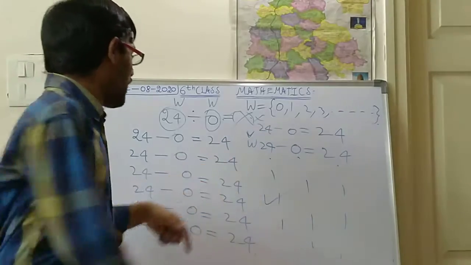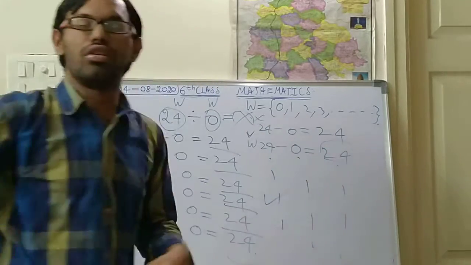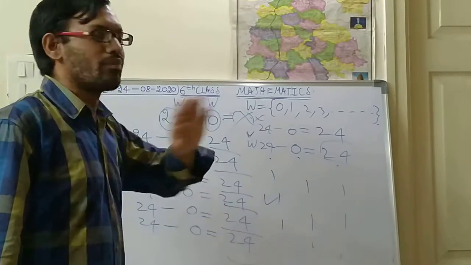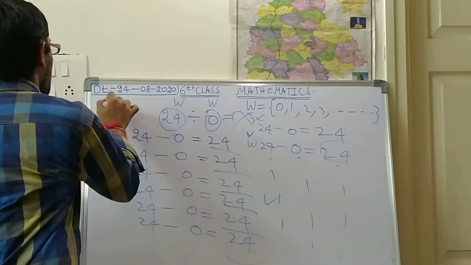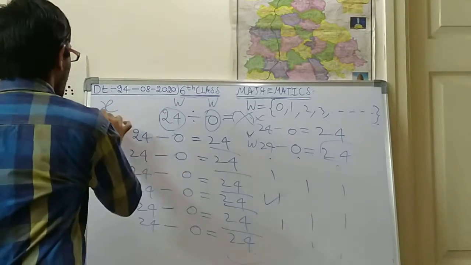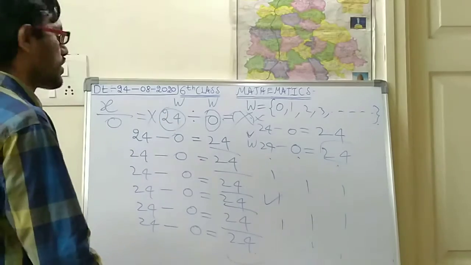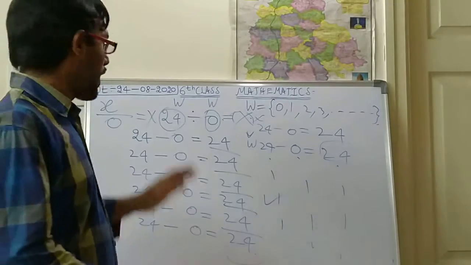But here the same number is coming: 24, 24, 24, 24. So if you take any number and divide by 0, it does not satisfy.